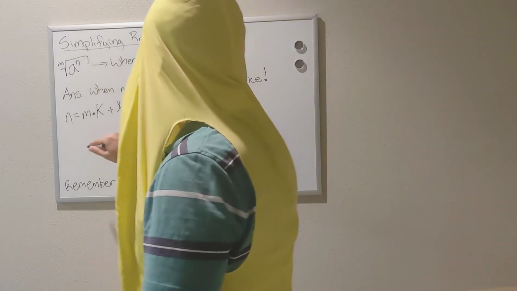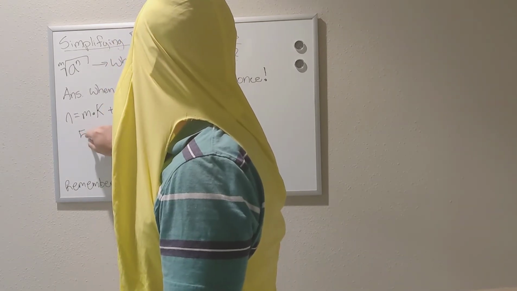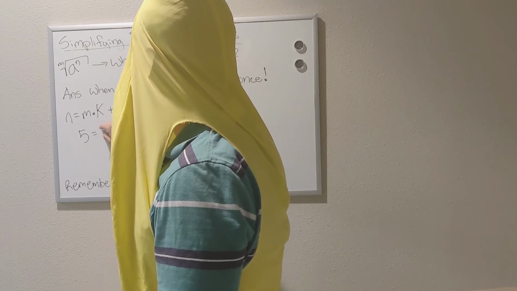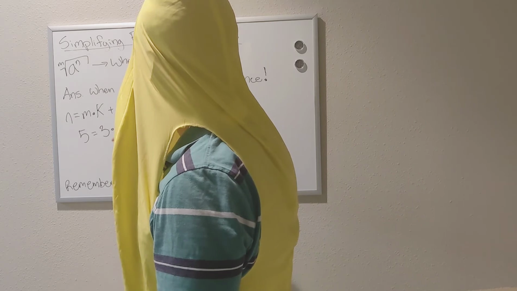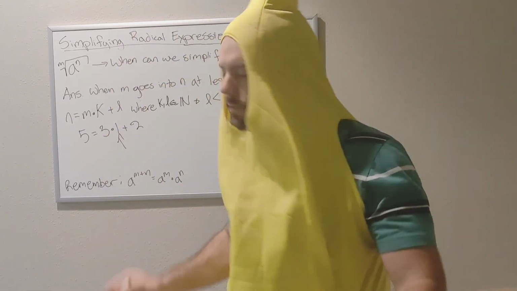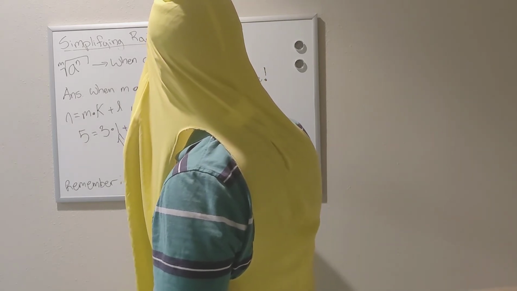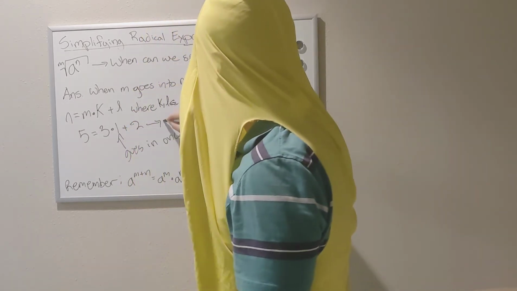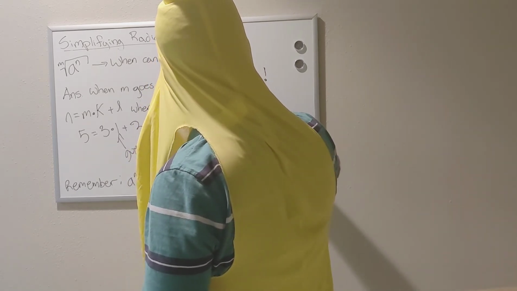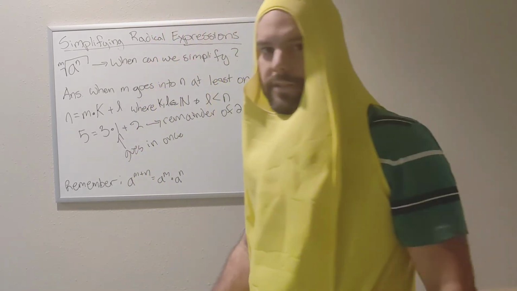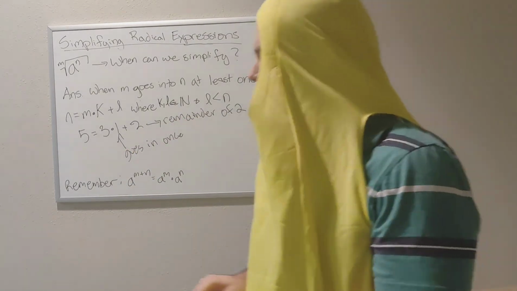But simply put, let's say I want to know how many times 3 goes into 5. Well, 3 goes into 5 at least once, where we can write this as 3 times 1 plus 2. It goes in once, and we have a remainder of 2. So this is really just some elementary arithmetic. We're just reintroducing it here.